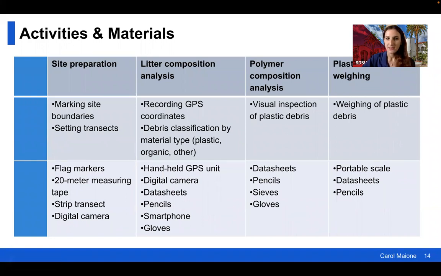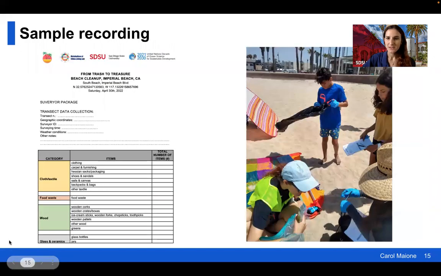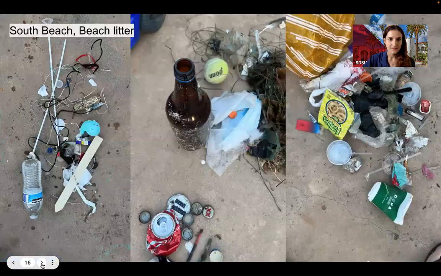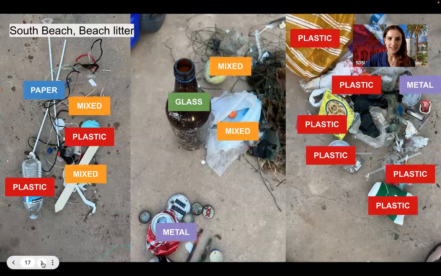We then conducted the polymer composition analysis after the cleanup and the plastic weighing to understand how much of the litter found was composed of plastics. You can see here an example of some participants and the different categories that they use for tracking the waste. Finally, we conducted the litter analysis after the cleanup, in which we were able to track different materials.